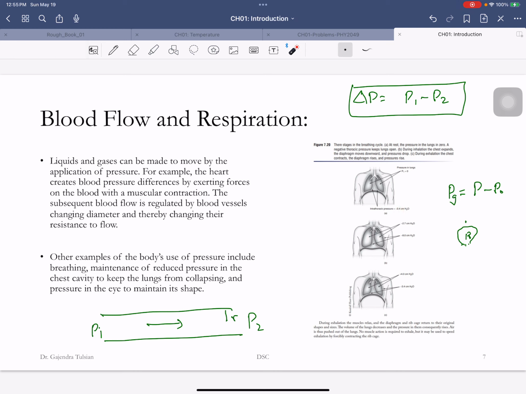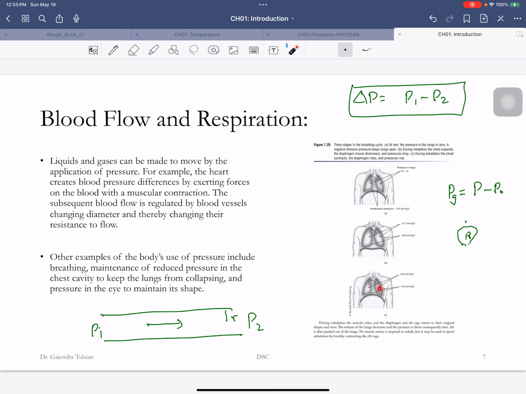And so when you take in a breath, the way we'll learn all of this, the thoracic cavity expands, and the outside pressure drops. So the pressure is minus 3.44 centimeters of water. The outside pressure drops, and then the alveoli expand and air moves in.